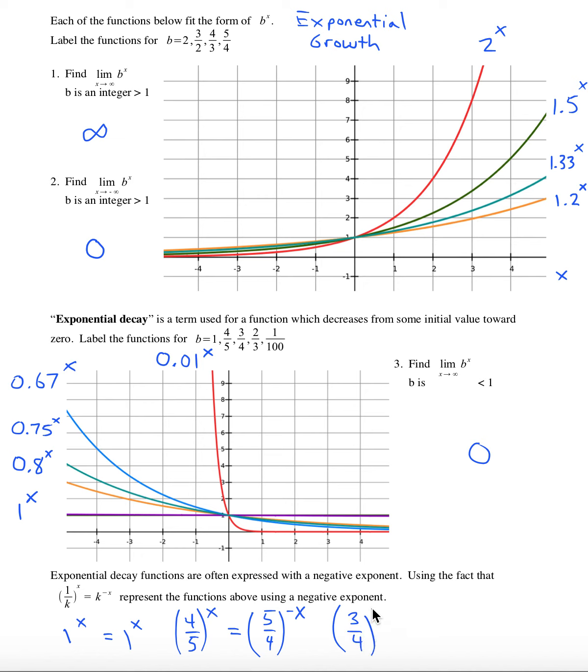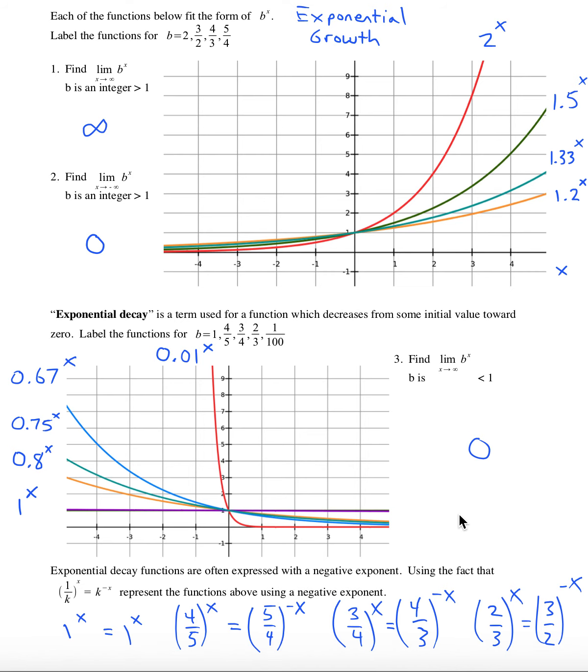Three-fourths to the x is the same function as 4/3 to the negative x. 2/3 to the x is the same as 3/2 to the negative x.